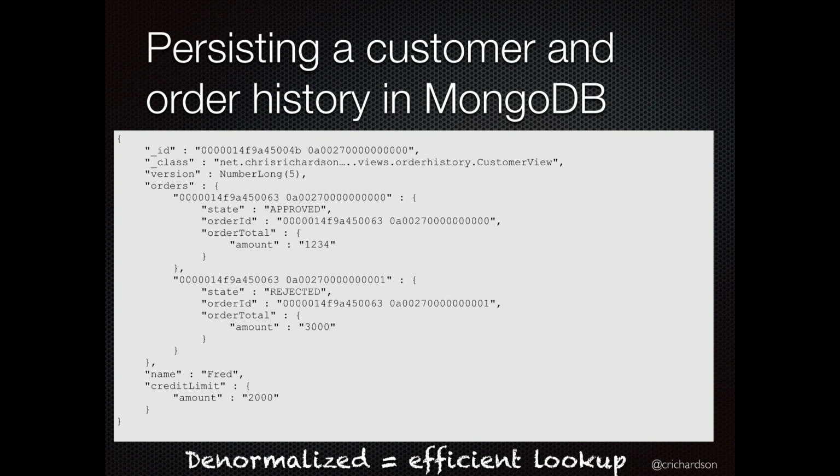And what's really nice about this is that to display a customer and their recent orders simply means loading this document by its primary key. So that's very, very efficient. And we've accomplished that by denormalizing the data. So an HTTP request comes in for a customer, you turn around and load this document by its primary key.